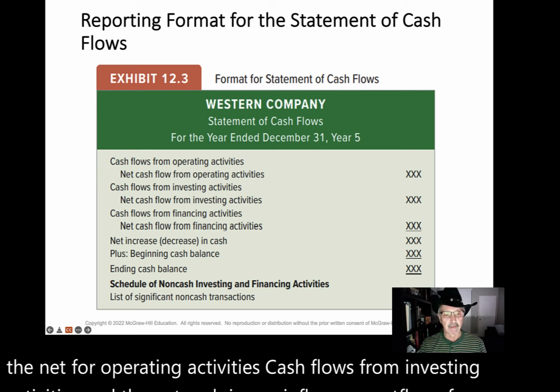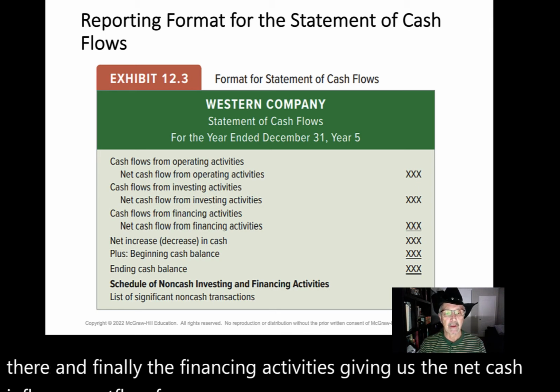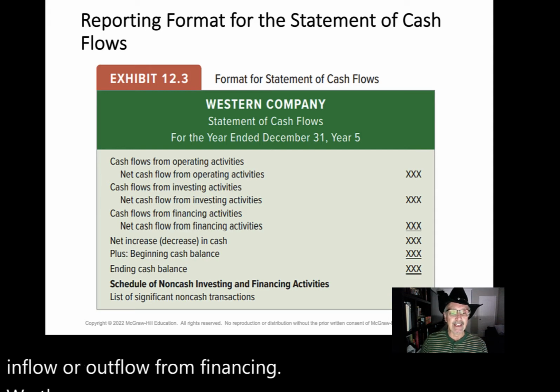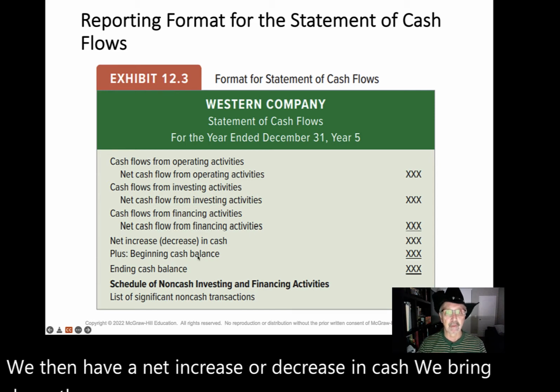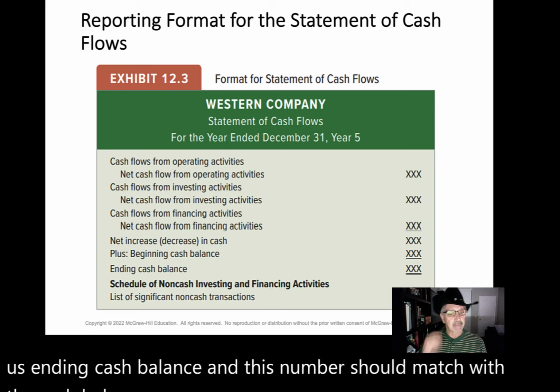And finally, the financing activities, giving us the net cash inflow or outflow from financing. We then have a net increase or decrease in cash. We bring down the beginning cash balance for the year, and that gives us ending cash balance. And this number should match with the cash balance on your balance sheet.